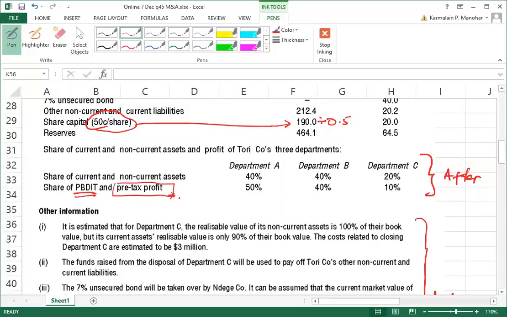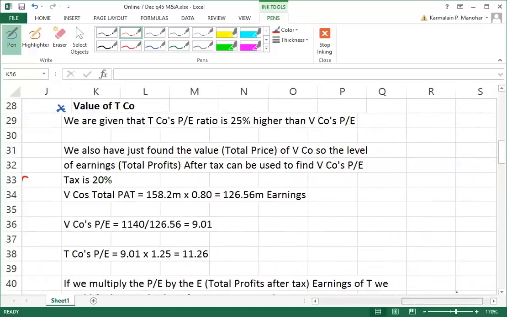Good. So Department A, which is being kept, 50% times T's pre-tax profit, PBT, right? So will be added on to V, right? So let's go over here and note that.